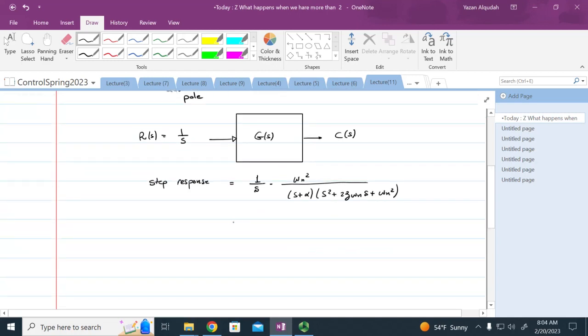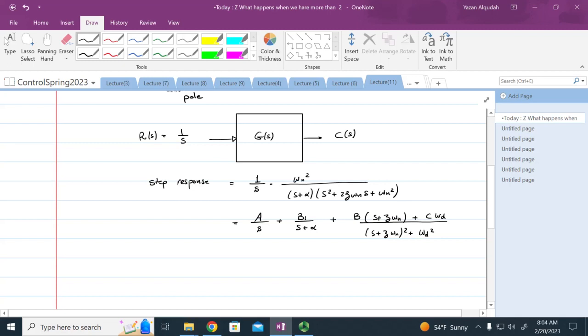and then we can do partial fraction expansion. We can write this as a over s plus b over s plus alpha, and we expand the third part as b multiplied by s plus zeta omega n, let's call this b1, plus c multiplied by omega d, divided by s plus zeta omega n squared plus omega d squared.